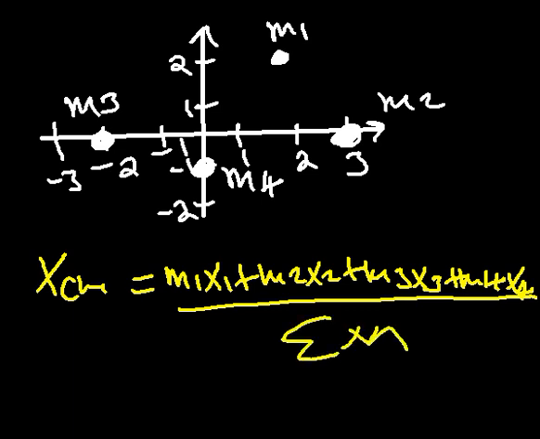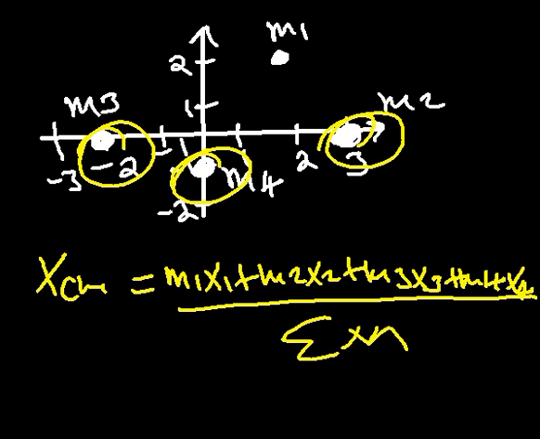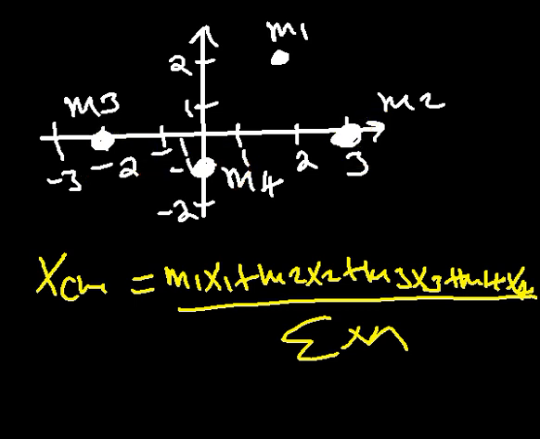Now what is x1? x1 is the x coordinate at that point. That is given as 2. And how about the value of x2? We'll have it as 3. And how about x3? We'll have it as -2. And x4 is given as L, because at this point the x value is given as L.